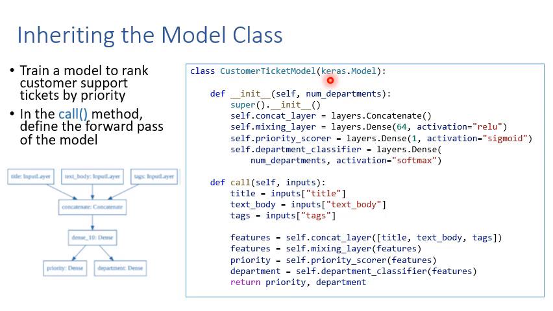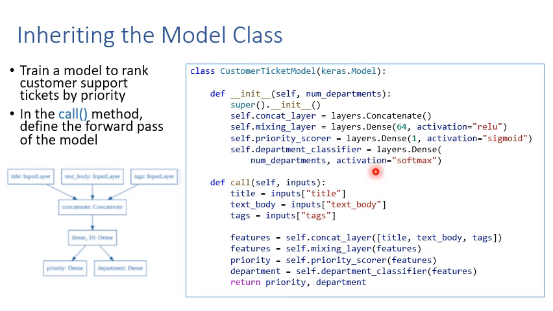Okay, so to override a Keras model, we first need to define our layers in the initiate. So we create the concatenate layer and the mixing layer here, and the priority scalar, which is a sigmoid function, and then the department classifier, the multi-class classification using softmax as an activation function.